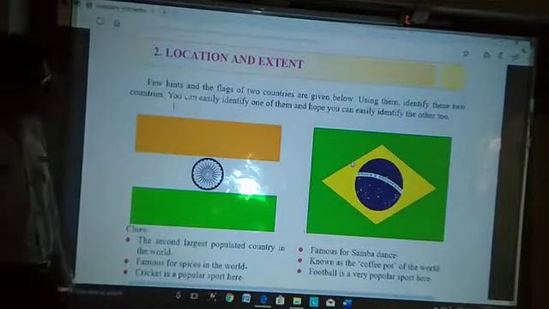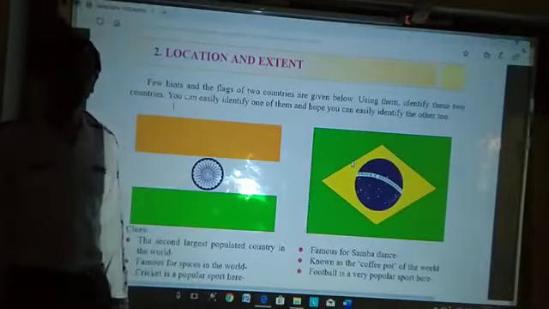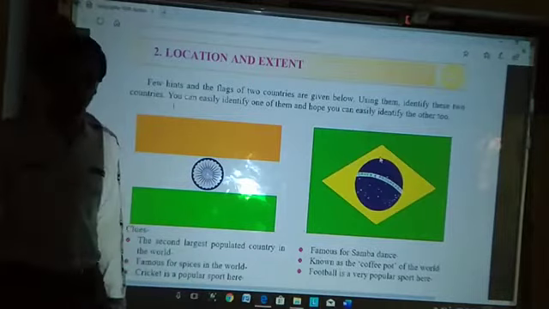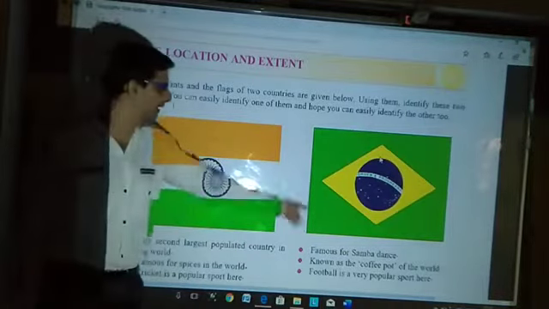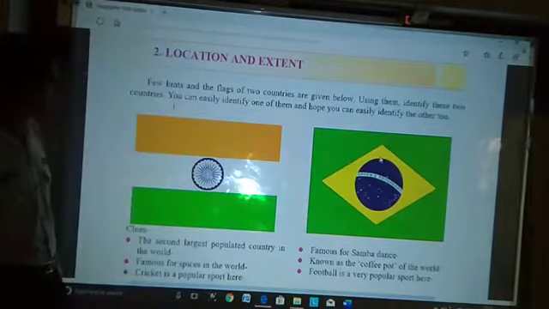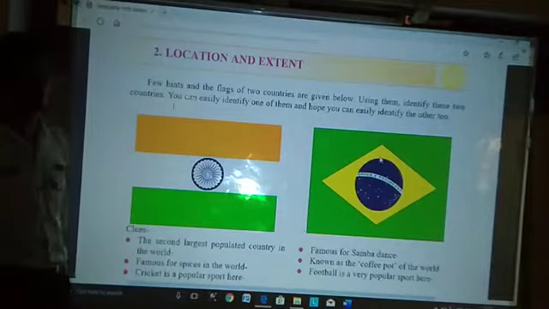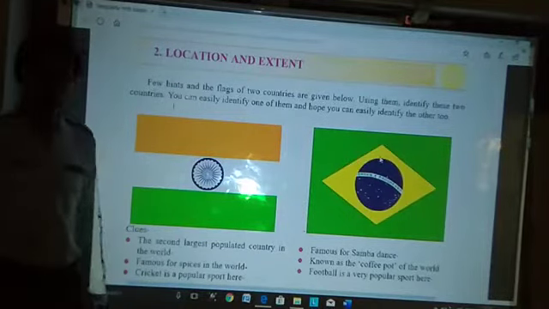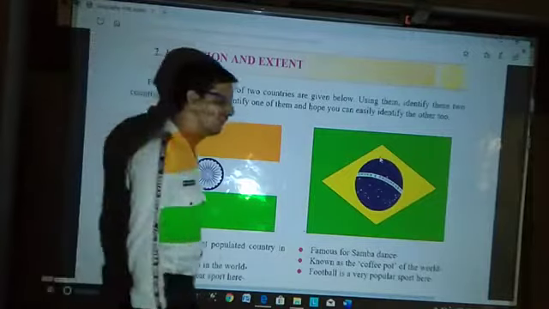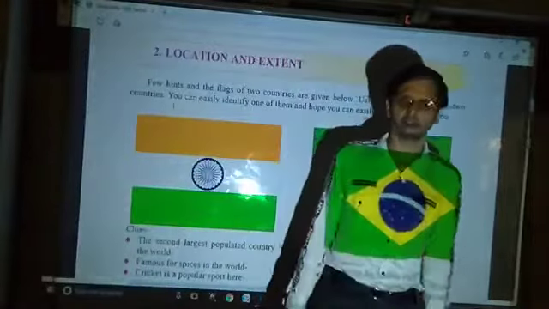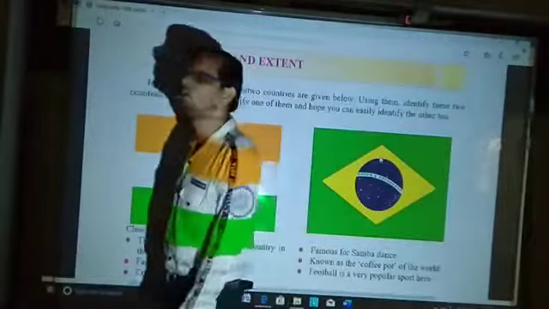Now hints are given about India and Brazil. The first clue is the second largest populated country in the world, that you know very well. Indian population will surpass China in 2025, and we are the second largest populated country in the world.